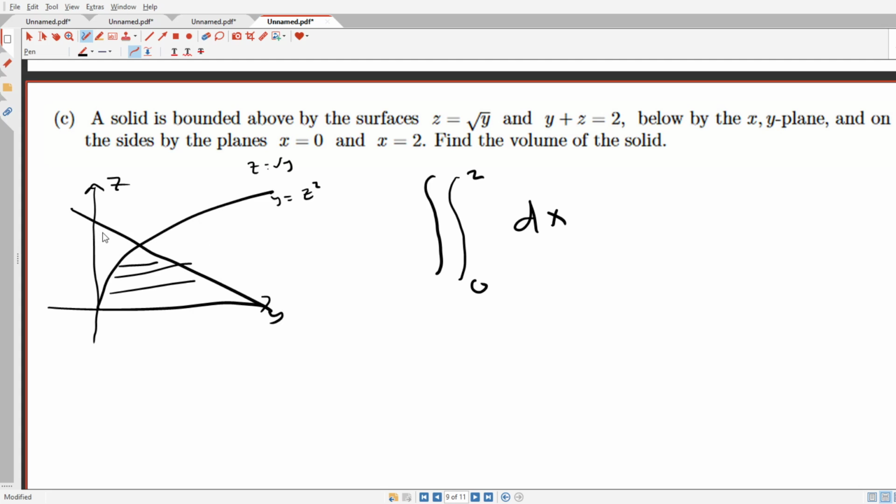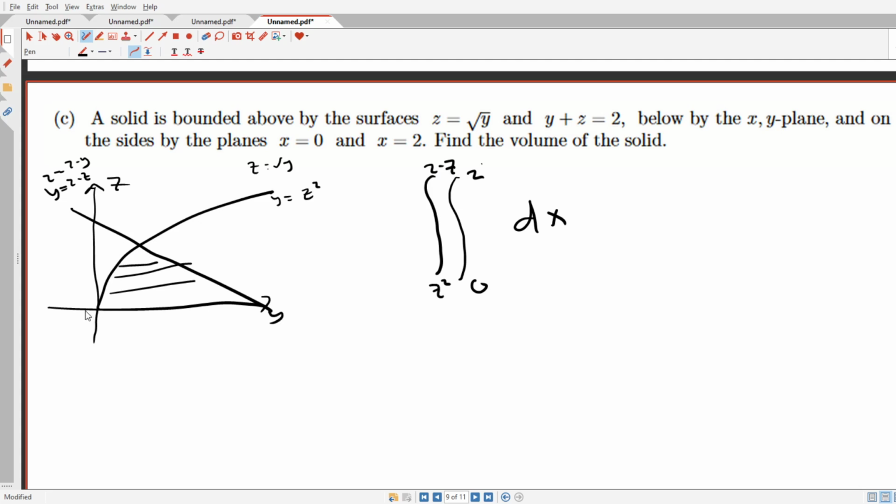And this is the line y equals 2 minus z, and z equals 2 minus y. Okay, so y starts from this curve, z squared, and goes up to this curve, 2 minus z.